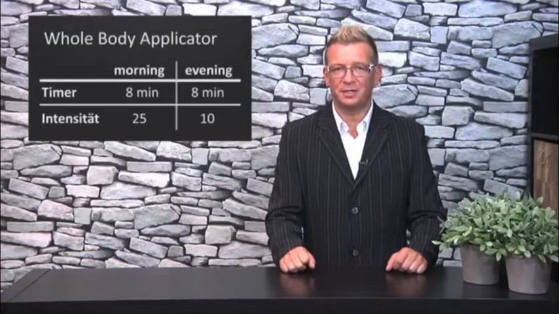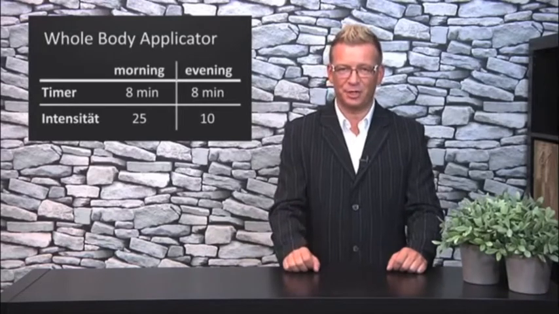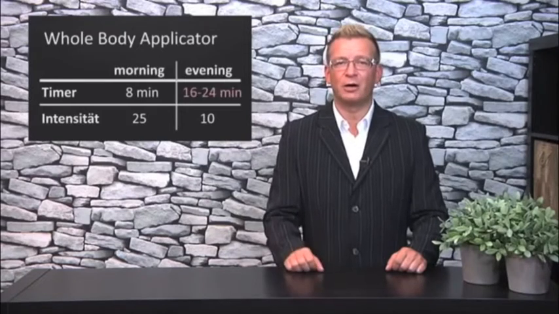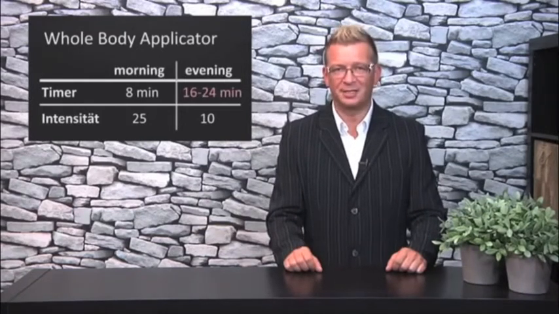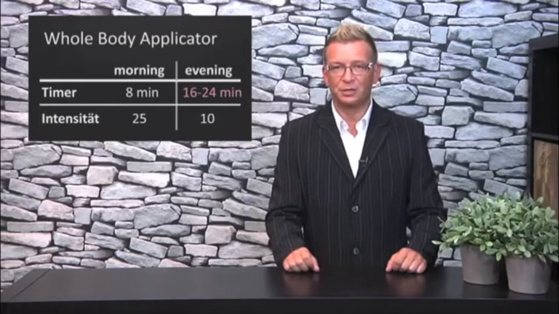You keep the intensity in the morning at 25 with 8 minutes, but in the evening you extend the time of the application. Instead of 8 minutes and intensity 10, you use 16 or 24 minutes with intensity 10. And again, do that for at least 2 weeks.